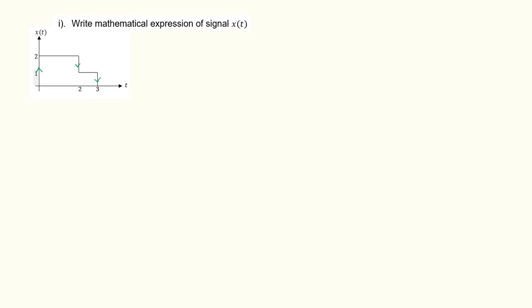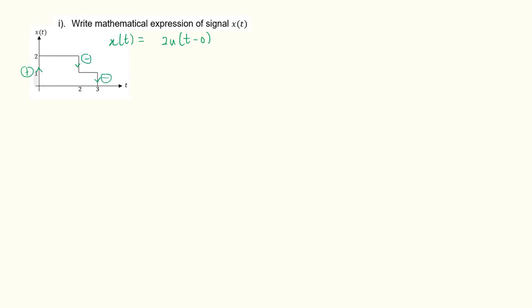So at t equal to 0, you have one vertical line, so the magnitude is 2 ut minus 0, and this is pointing up, so it's plus. Here is negative, and another one is negative as well.